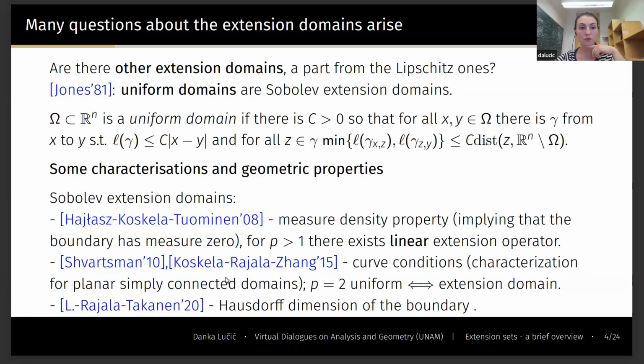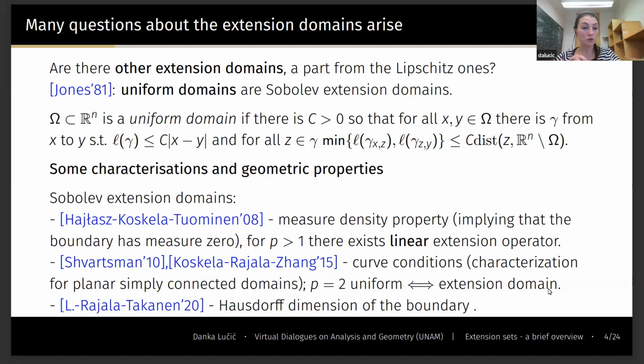Then by the work of Shvartsman, later generalized by Koskela, Rajala, and Zhang, we have a characterization for planar simply connected domains via some curve conditions. Together with some previously known results, this says that in the case p equal to 2, uniform domains are actually a characterization of extension domains. So if you are in the Sobolev space W^{1,2}, then being uniform is equivalent to being an extension domain.